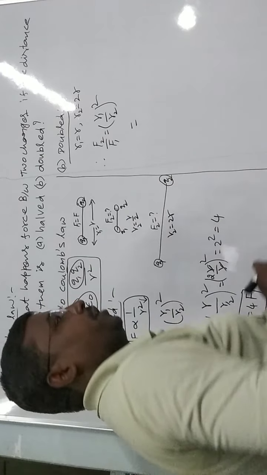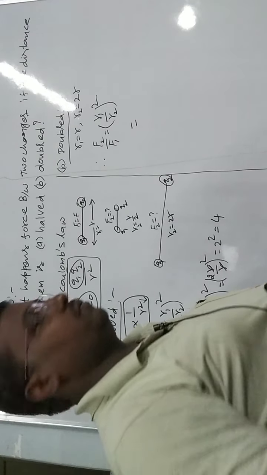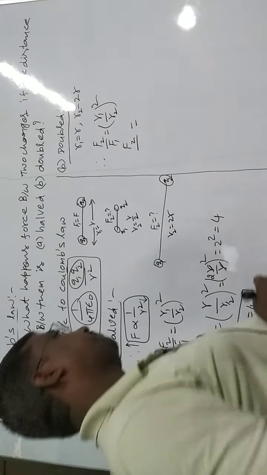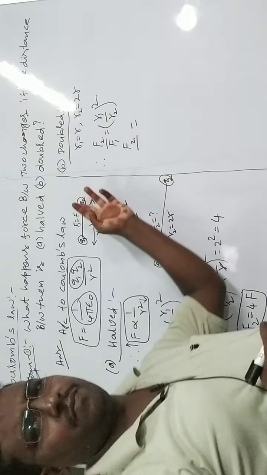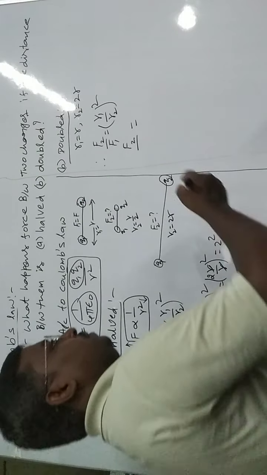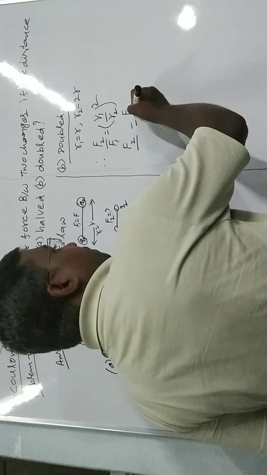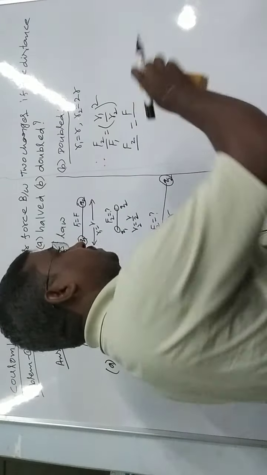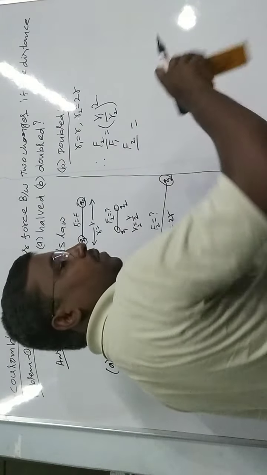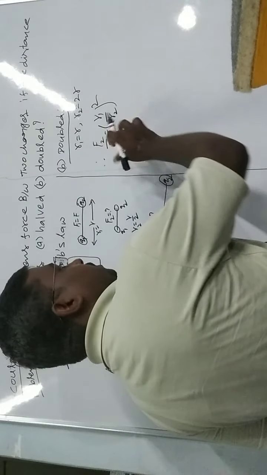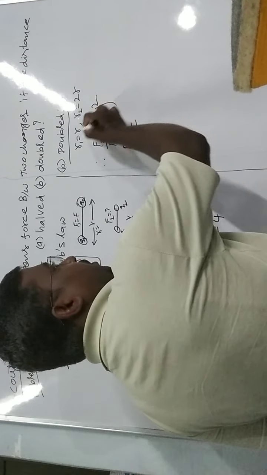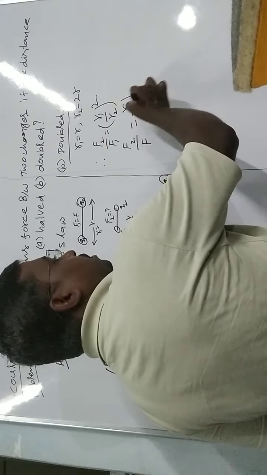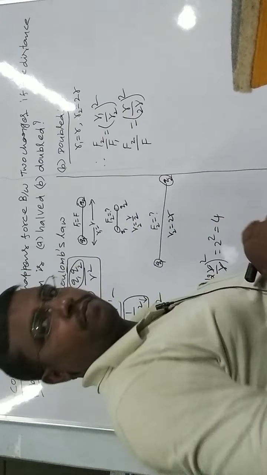Once again, we write these R1 and R2 values. F2 by F1, F1 is always F, there is no change. F1 is F and R1 is R and R2 is 2R whole square.